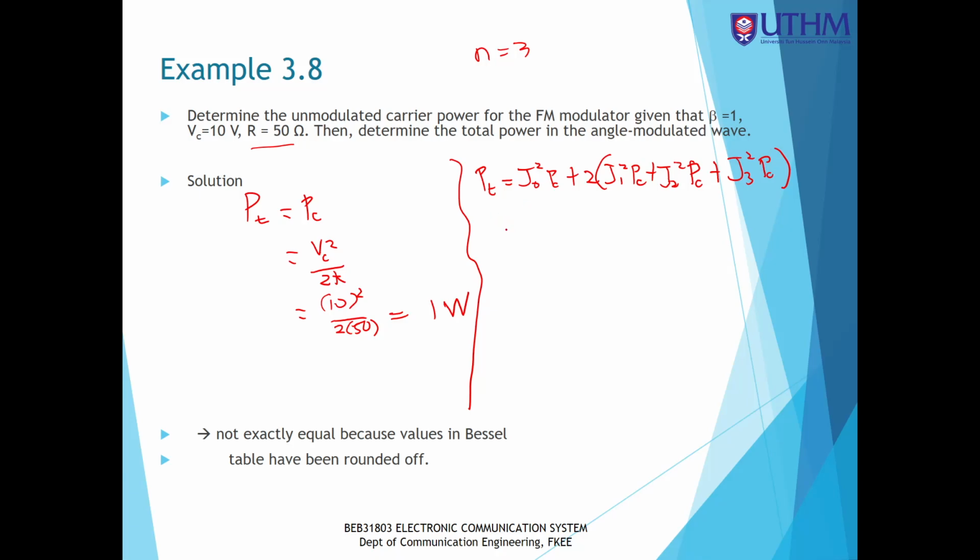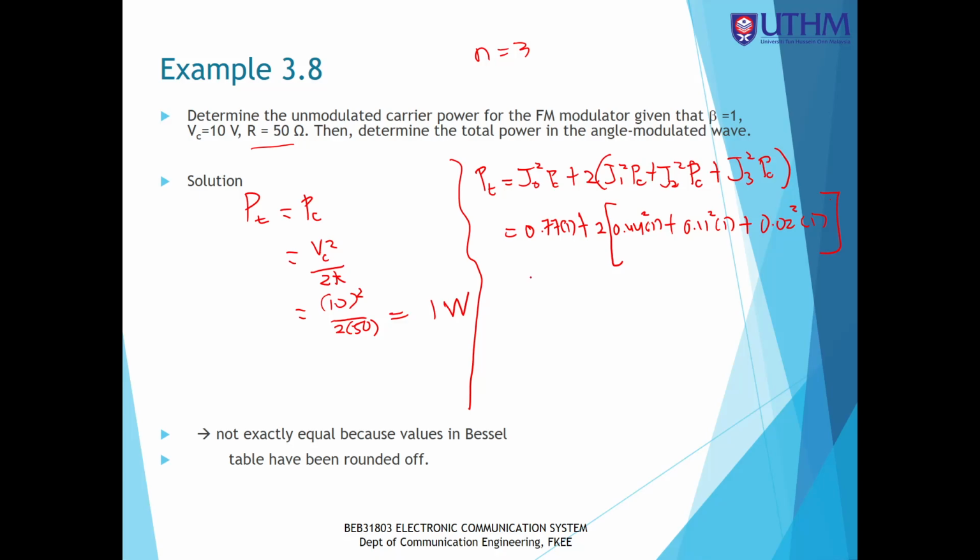So here it is 0.77 square times 1, plus 2 times 0.44 square times 1 plus 0.11 square times 1 plus 0.02 square times 1.